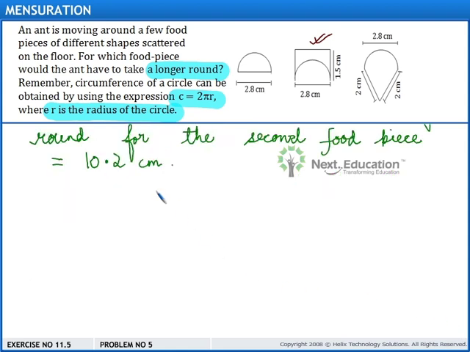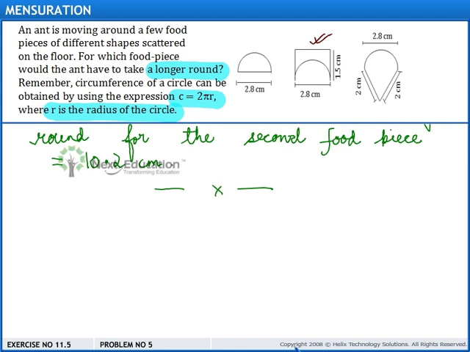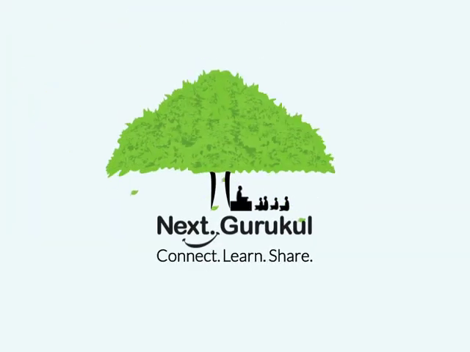So with this we come to the end of the solution of this question.